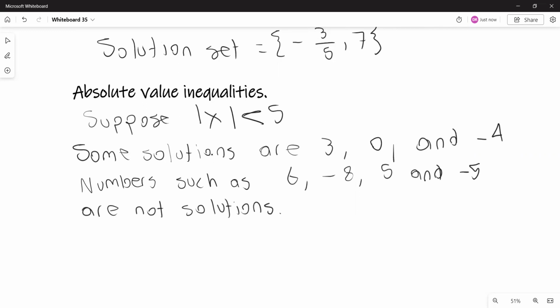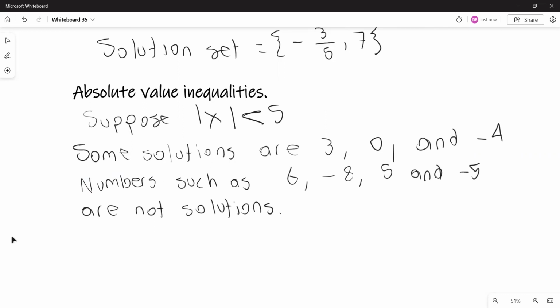The absolute value of 6 is 6, and 6 is not less than 5. The absolute value of negative 8 is 8, and 8 is greater than 5. The absolute value of 5 is 5, so 5 is not less than 5, and the absolute value of negative 5 is also 5. So 5 is not less than 5.